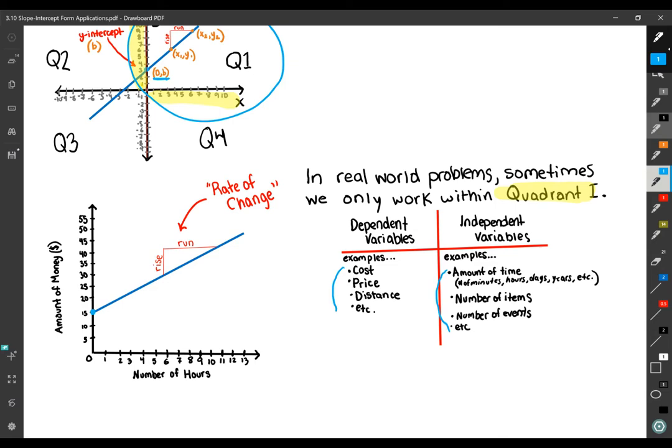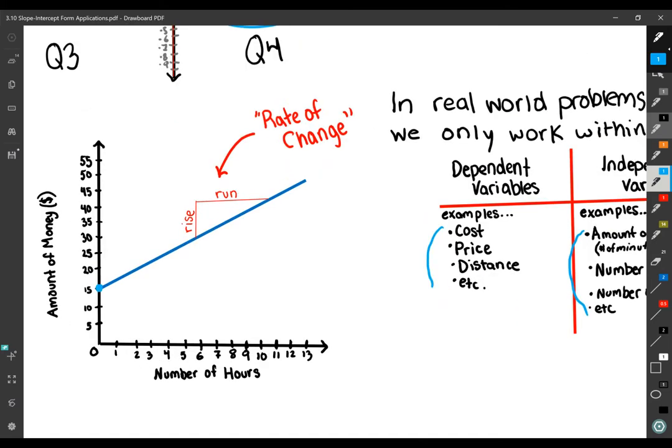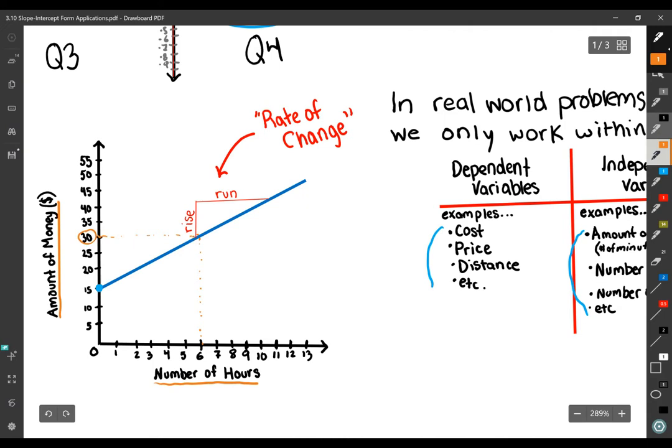I have this brief little graph here, and I decided to make my dependent variable the amount of money, okay? Maybe this is the amount of money in my paycheck, and my independent variable is the number of hours I work. We can see that if I work 6 hours at whatever job I have, I am going to make approximately $30, because this point right here would be 6 comma 30, okay?